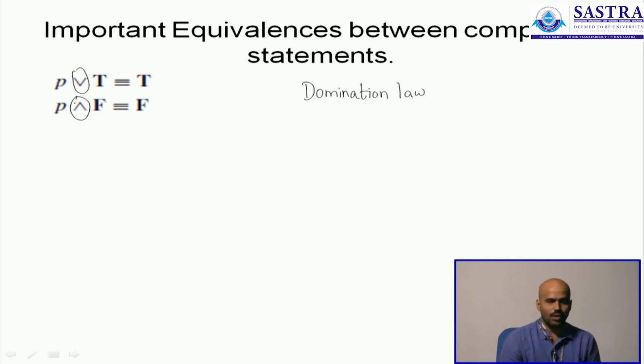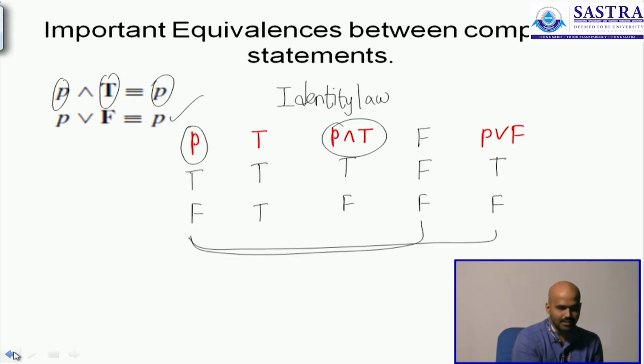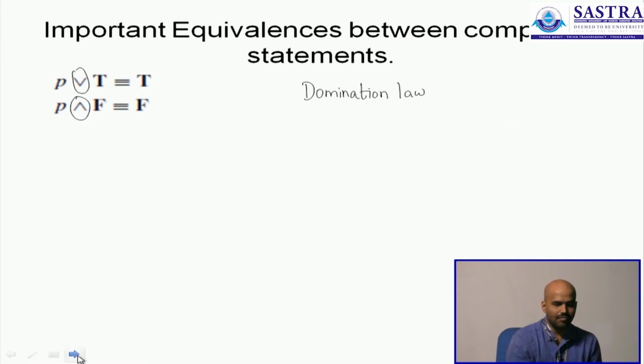This is pretty similar to the previous law that we discussed, but the difference is the statement is not returned. You do a disjunction with a true statement, but the absolutely true statement is what is being returned. This is what you call the dominant law or the domination law. The true statement dominates any given statement in a disjunction, and a false statement dominates any given statement in a conjunction.